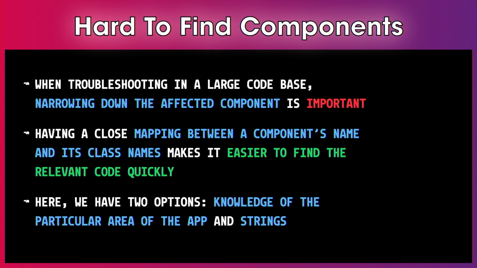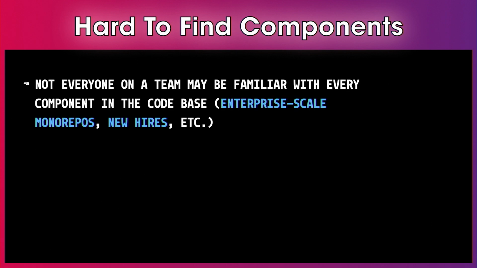But here, we just have two options. Either we know very well that particular area of the app, or we use strings and query those strings for the class names using DOM APIs. But the first thing is, not everyone knows very well all the parts of the app. So think about enterprise scale monorepos, or think about people who just joined the company or your team.